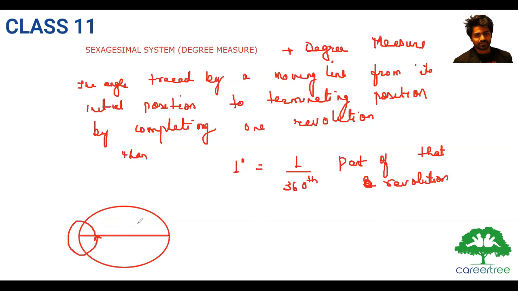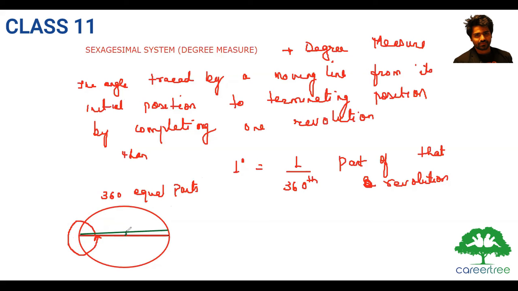Now 1 by 360th part of this entire revolution. If you divide this entire revolution into 360 equal parts, then say 1 by 360th part is this green color part. This measurement will be nothing but 1 degree.